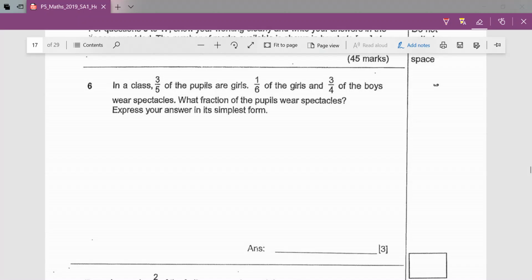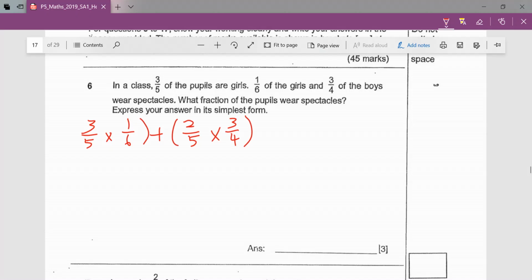One of the methods that I did as a student was to go directly: 3 out of 5 are girls, you multiply by 1 out of 6 of them, and then you add, how many boys? Boys would be 2 out of 5, right? And then I multiply by 3 out of 4 of them.